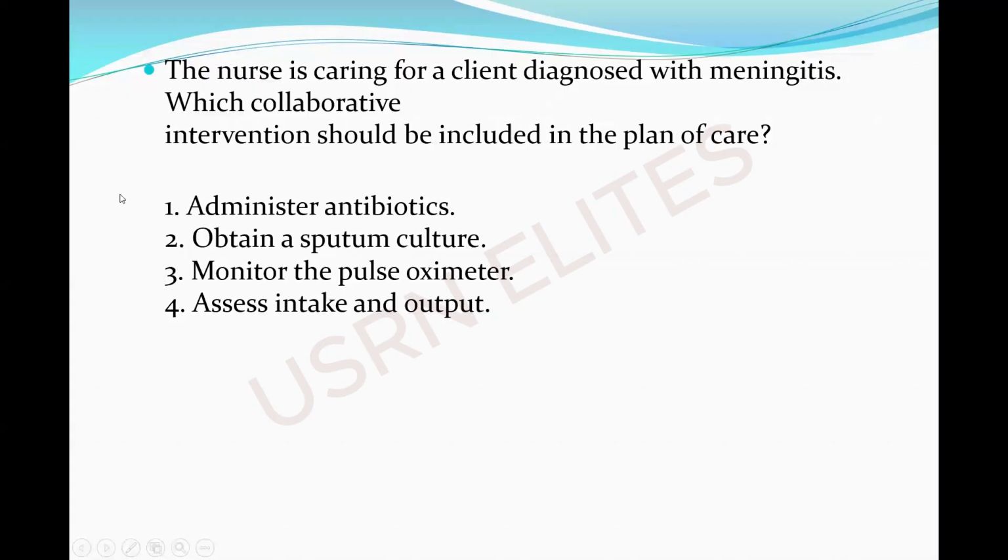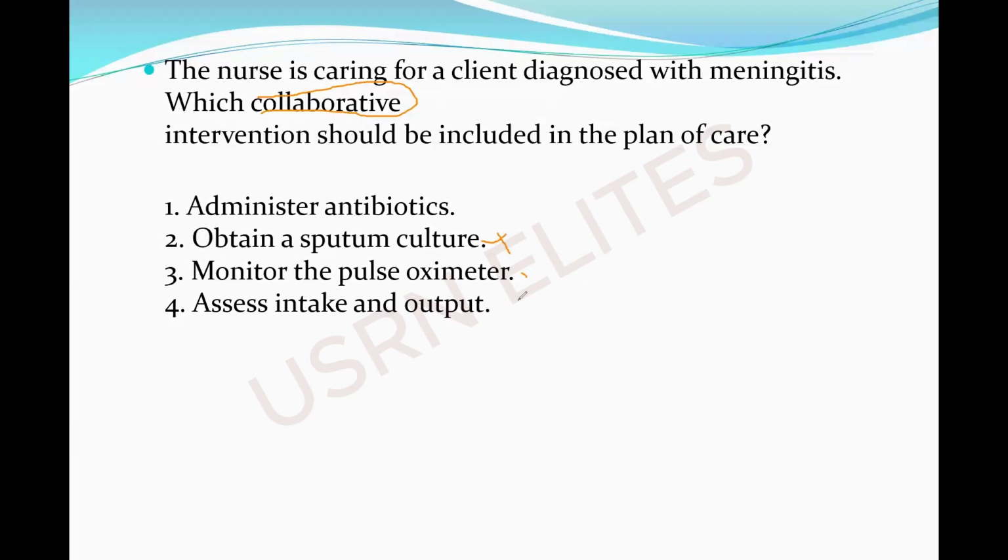And there's one thing over here: which collaborative intervention. Collaborative means the doctor has to order and the nurse has to do it. I know the culture can also be collaborative, but the person has been diagnosed, so this is not needed now.